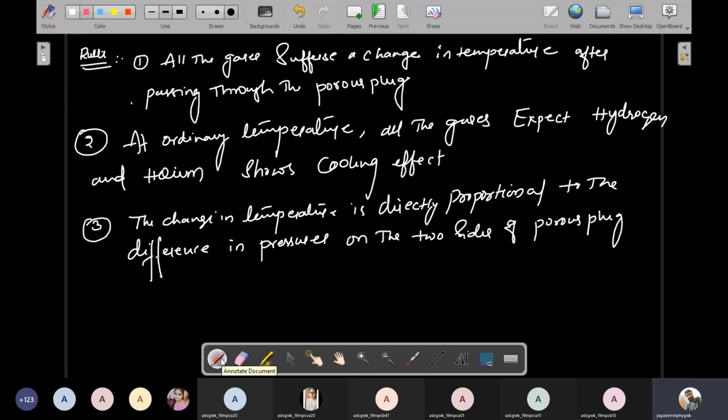Porous plate. Two sides of the porous plate. Okay, understand? Next important point, the fourth and final point: the falling temperature.